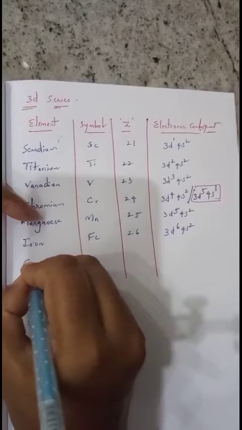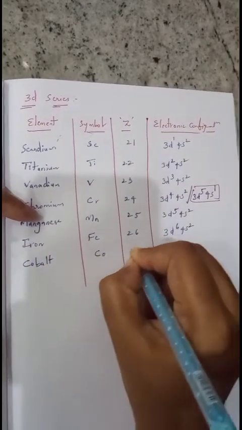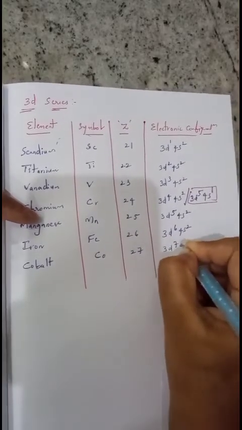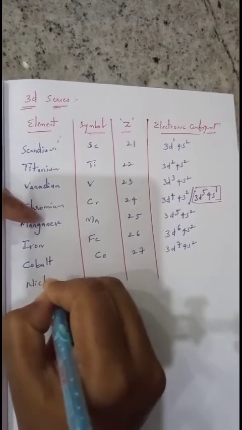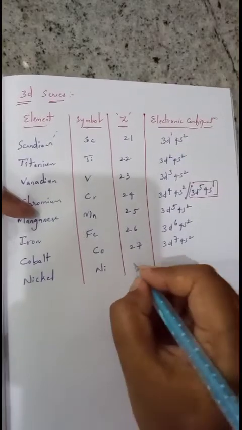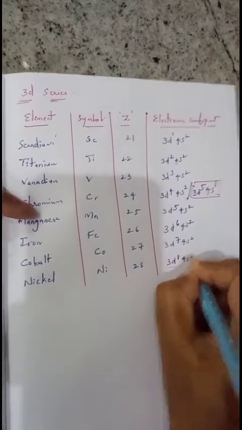Next, cobalt, symbol Co, atomic number 27, configuration 3d7 4s2. Next, nickel, symbol Ni, atomic number 28, configuration 3d8 4s2.